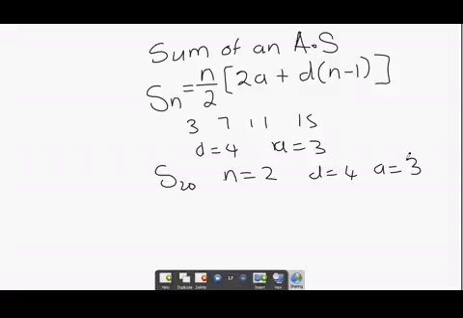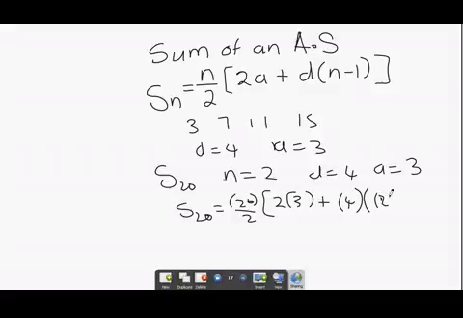Now substituting into the formula, we're going to get S20 is equal to, substitute for n is 20 divided by 2, open bracket, 2, substitute for a is 3 again, and then we are going to say plus, then substitute for d is 4, close bracket, and then open bracket, substitute for n again, which is 20 minus 1, close bracket, and then we close bracket again.